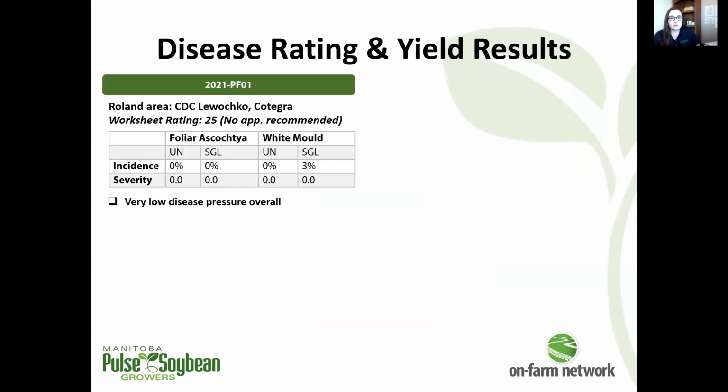Launching into results, the first trial we'll start with is the one in the Roland area. The decision-making worksheet gave us a rating of 25, which falls into the no application recommended category. The site actually had no disease pressure. It was a very clean site, with very low disease pressure overall. We didn't find a single plant with foliar Mycosporella, Ascochyta, or white mold, and we rate about 120 plants at each location.